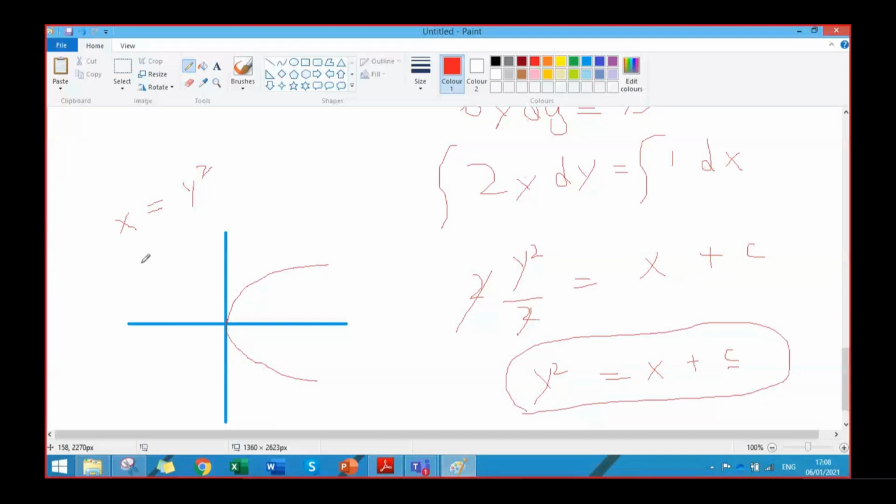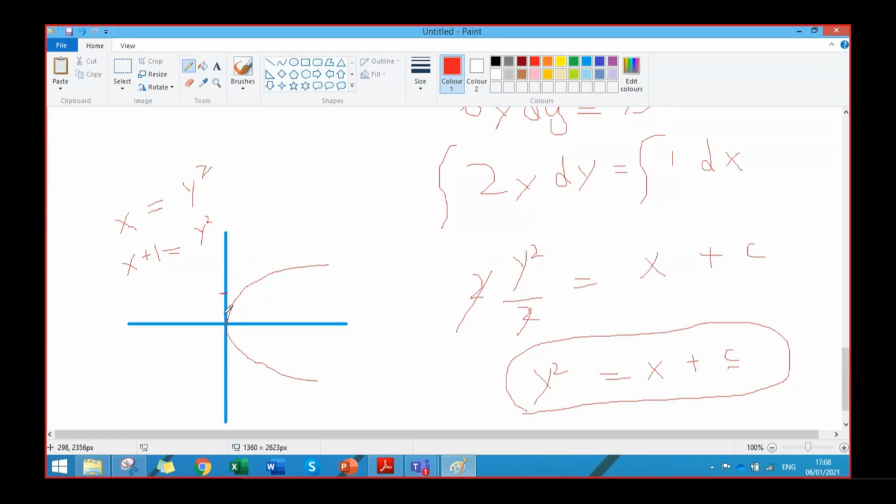If c is 1, then we'll have a curve like, let's say the equation is x plus 1 equals y square. So at x equals 0, y equals 1. So the curve would be shifting, right? Yes, sir.